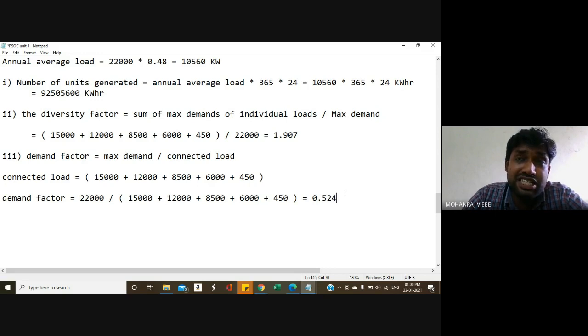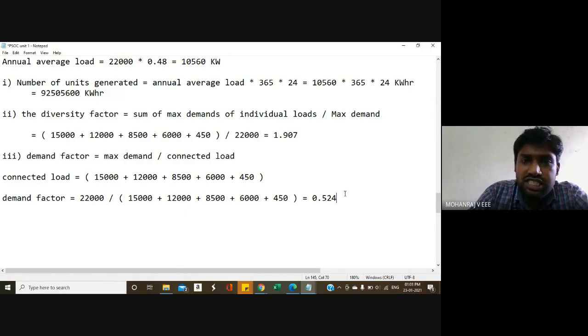Whereas demand factor is equal to maximum demand by connected load.